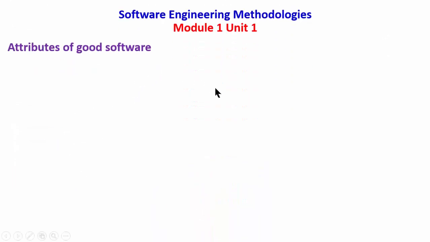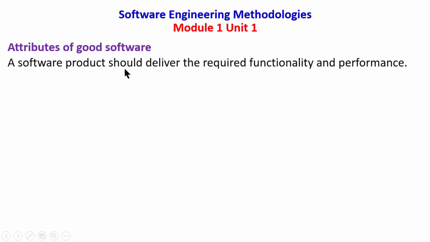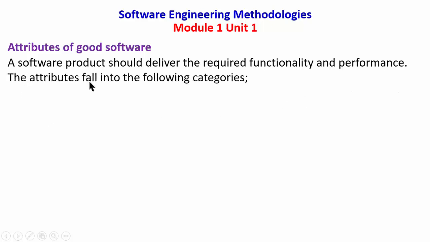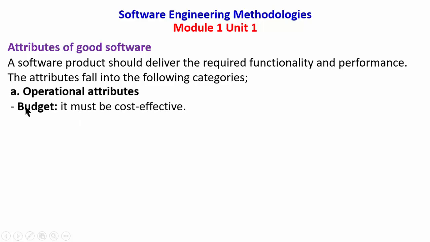Attributes of good software. A software product should deliver the required functionality and performance. The attributes fall into the following categories. A. Operational attributes. Budget, it must be cost effective. Usability, it must be usable.